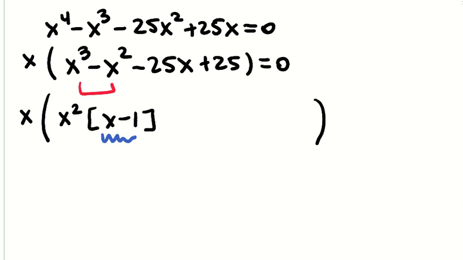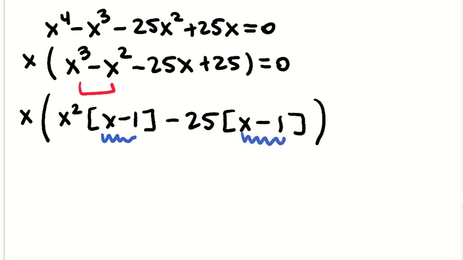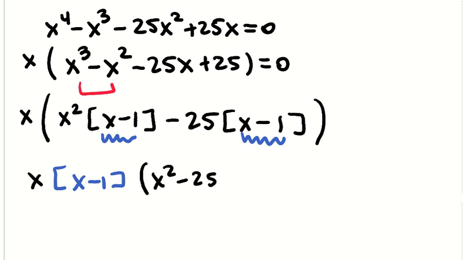I'm going to have to go back and factor out a negative 25, and then I'm left with an x and a negative 1. So then these are the same, and I factor out that x minus 1. I still have this x over here, and I'm left with an x squared minus 25. Now, this is still all equal to 0.